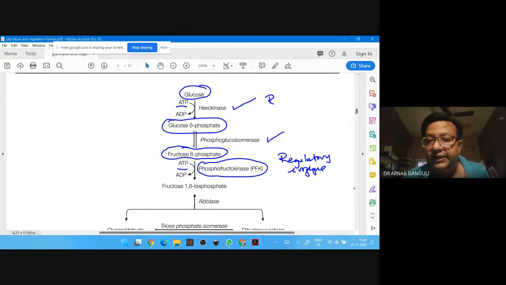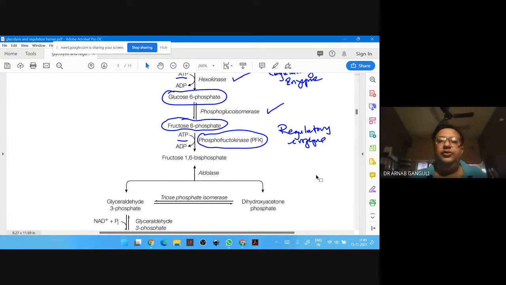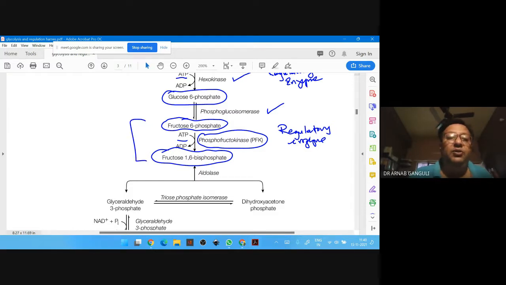This is also another regulatory enzyme. So fructose 6-phosphate is converted into fructose 1,6-bisphosphate, and this is a very important step. One ATP has been utilized over here.